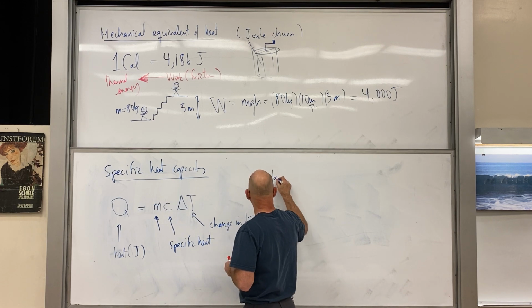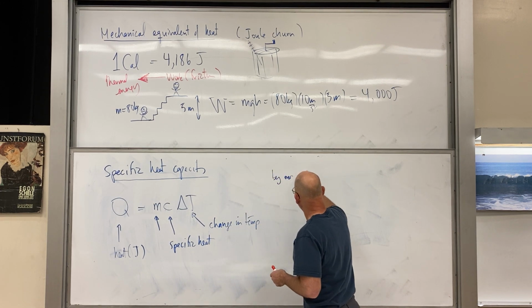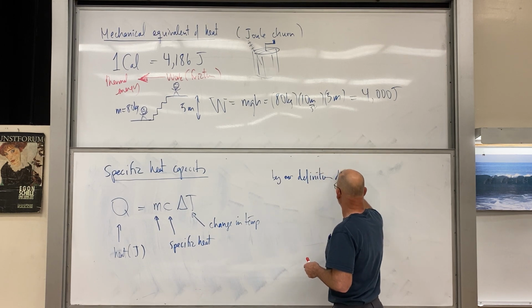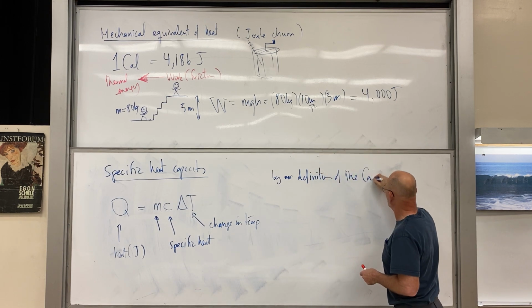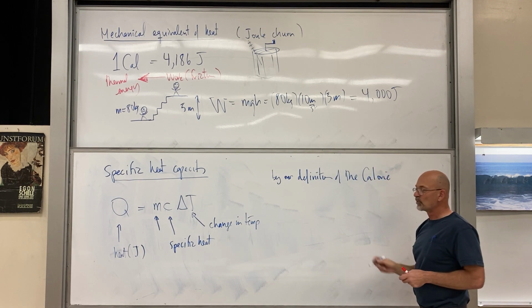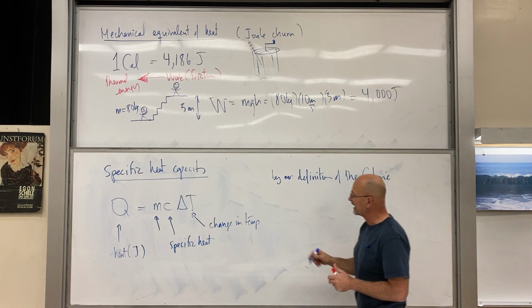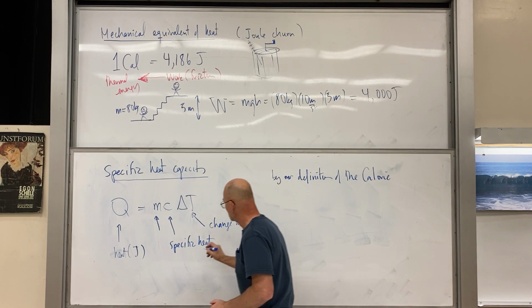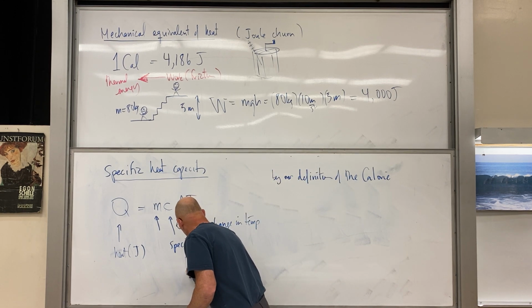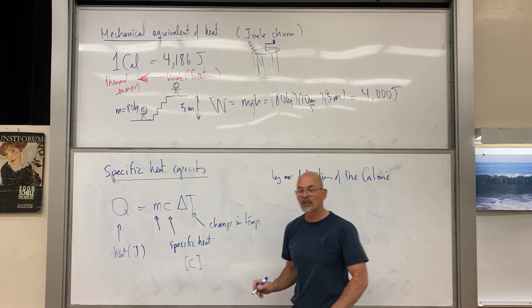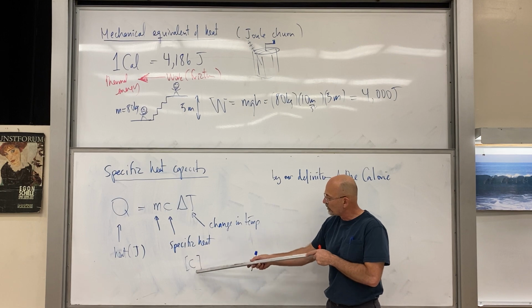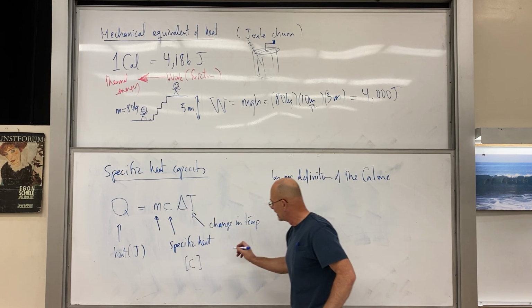Now, by our definition of the calorie, we have one thing here for free, specific heat capacity. First of all, whenever we get a new quantity, we always want to get the units of it, and of course that's the square brackets around that quantity.